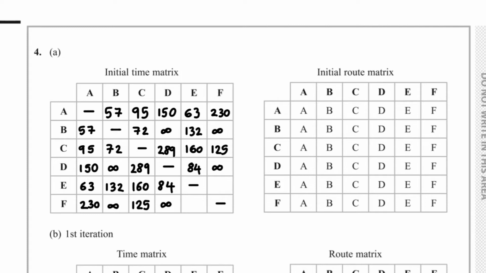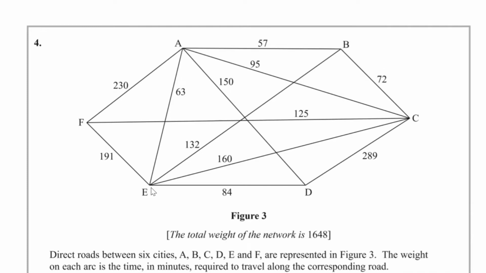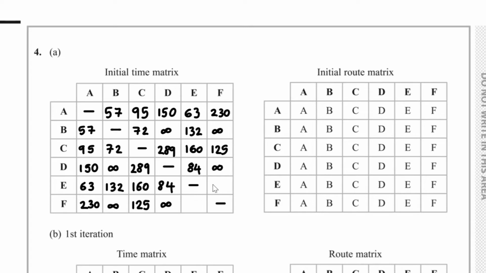E to F, we've got 191, and the 191 would also go here. Here is the initial time matrix. Provided for us is also the initial route matrix.